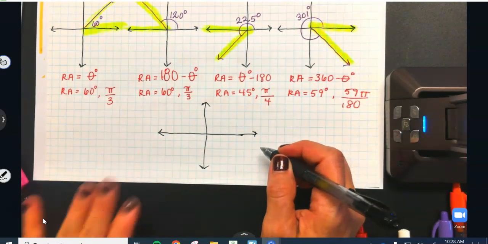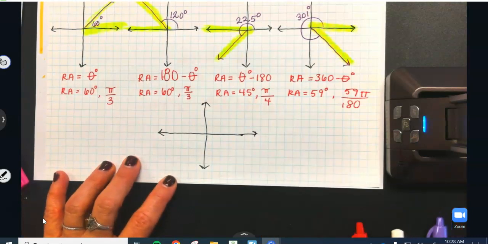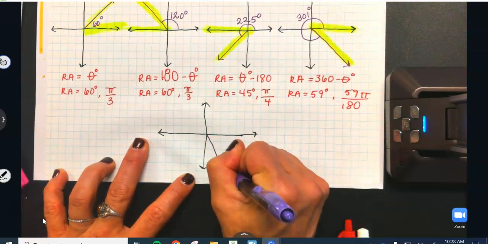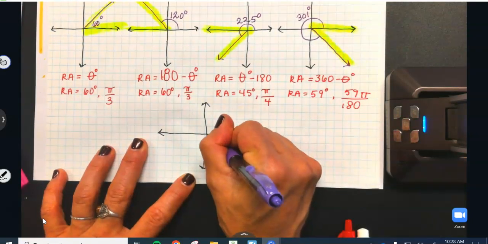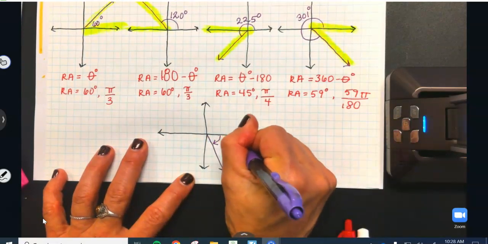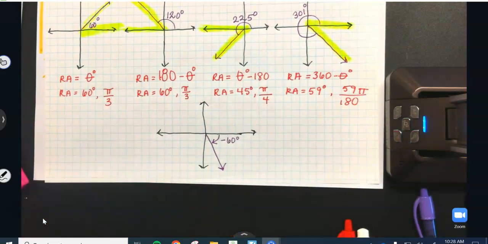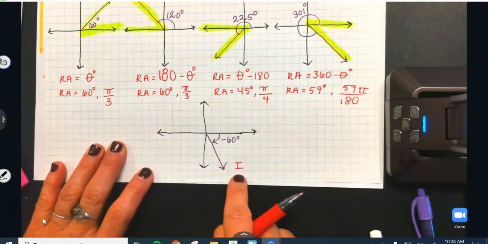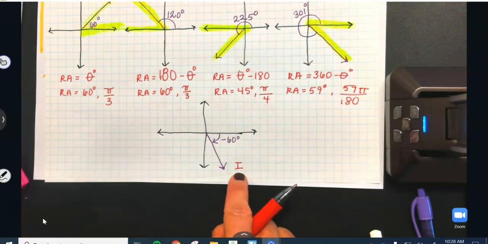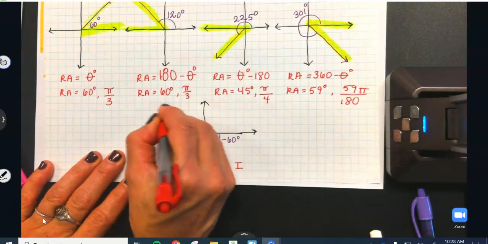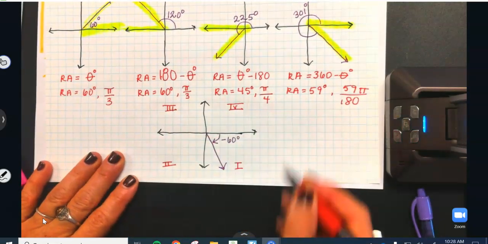And let's draw a negative angle. I'm going down. Let's go ahead and keep it in this first little section right here. So I went down, and let's say I went down negative 60 degrees. Now, when you go down, you are going to treat this as quadrant 1. You're going to match your angle to what we did in quadrant 1. This would be quadrant 2, this would be quadrant 3, and this would be quadrant 4.